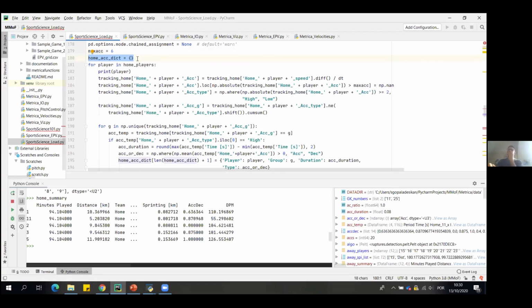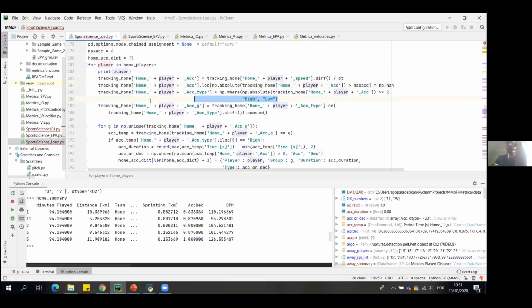What we do is we create a dictionary first, and we're going to loop through all of the players in our array of home players. First, we're going to calculate the acceleration of that particular player. If the acceleration from the tracking data is going to be above the 6 meters per second squared that we have, I'm just going to assign it the value of NA.